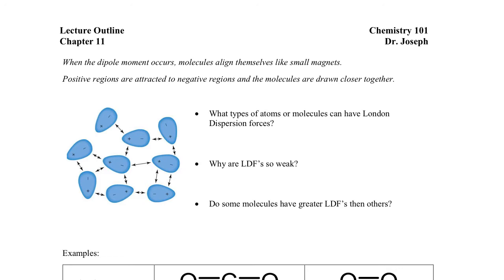So for answering the question, what types of atoms or molecules can have London dispersion forces? Really, everyone, right? Every atom or molecule has electrons in it, and therefore every atom or molecule can have London dispersion forces. So let's write that down. All atoms and all molecules have London dispersion forces.